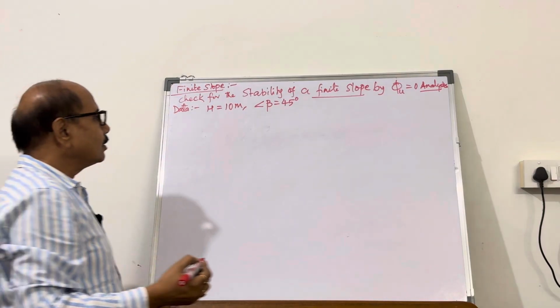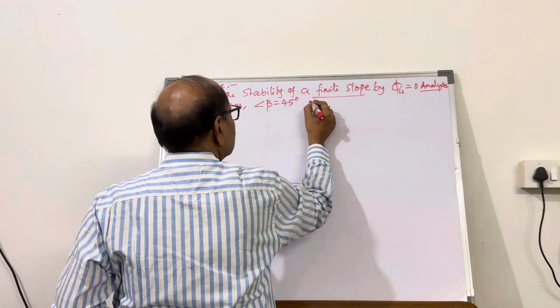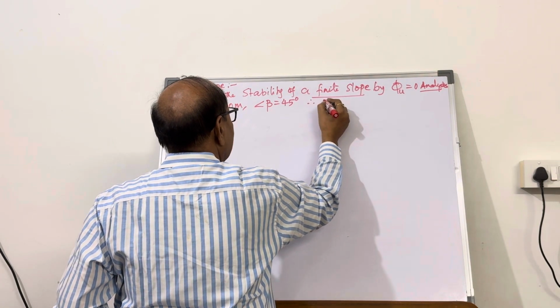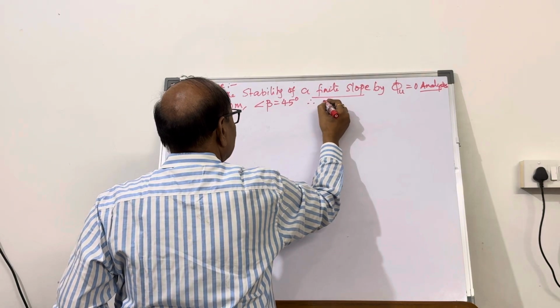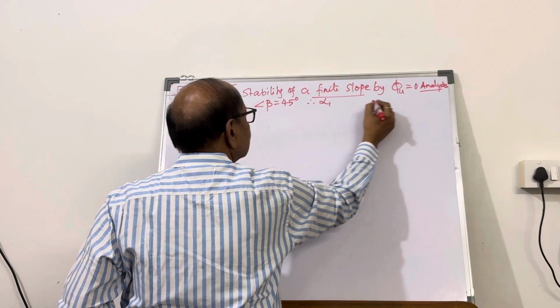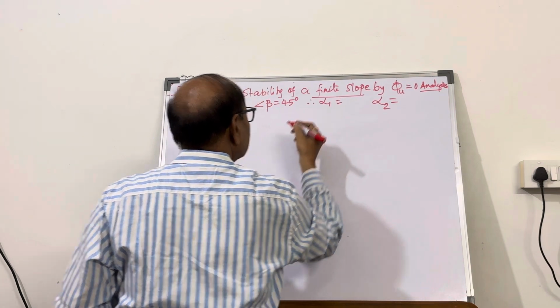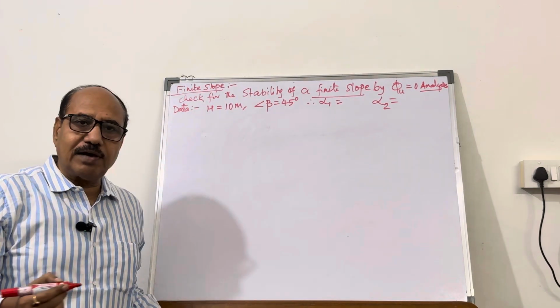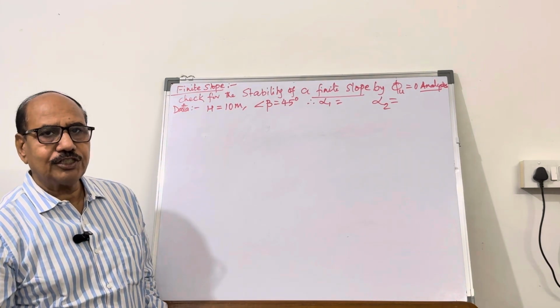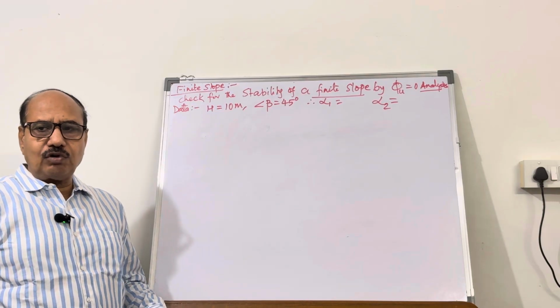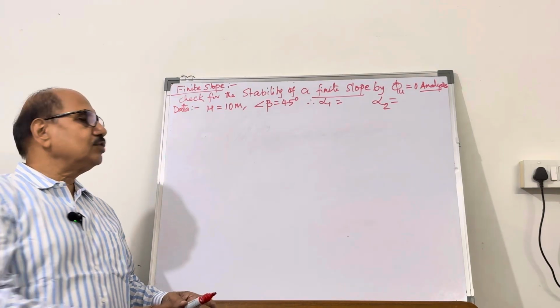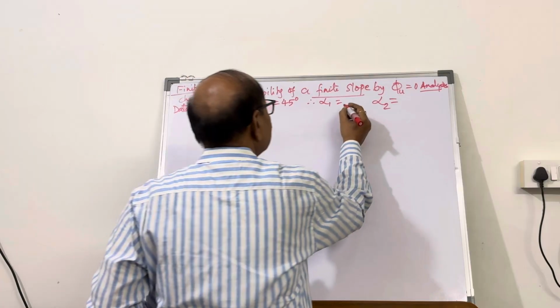Therefore the Frobenius directional angles alpha 1 and alpha 2 you can find out from the table given by Frobenius. Directional angles can be found out very easily, that is 28 degree and 37 degree.